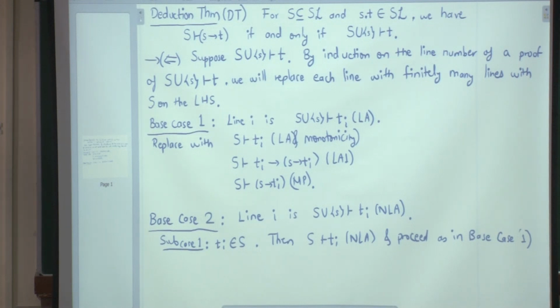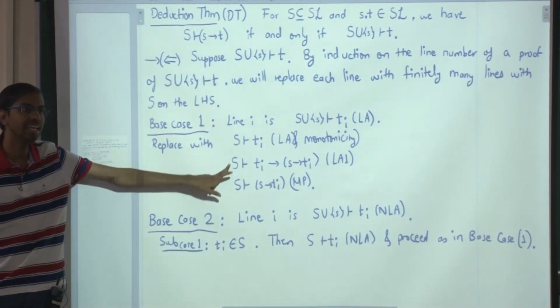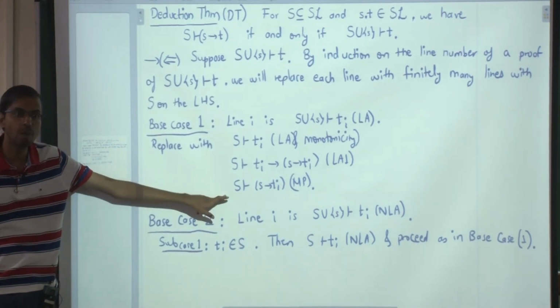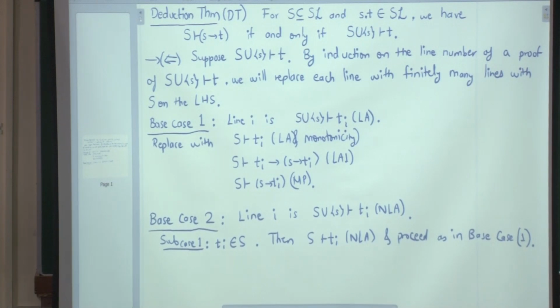There is nothing different happening. You just change the reasoning of this line, then LA1 is still valid and MP is still valid. Okay, so now subcase 2 is more interesting.